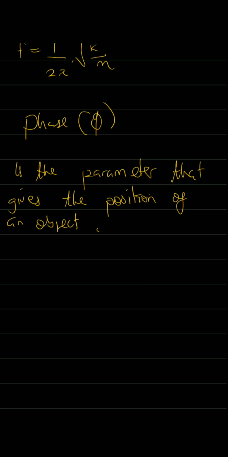When you talk about the position at an instant or at any point in the motion, what we simply get is the phase constant. So the position of an object at an instance in the motion is what we refer to as the phase constant.